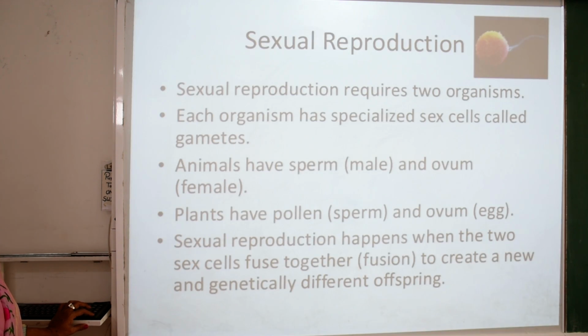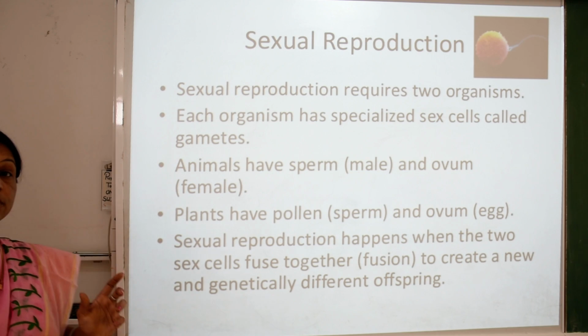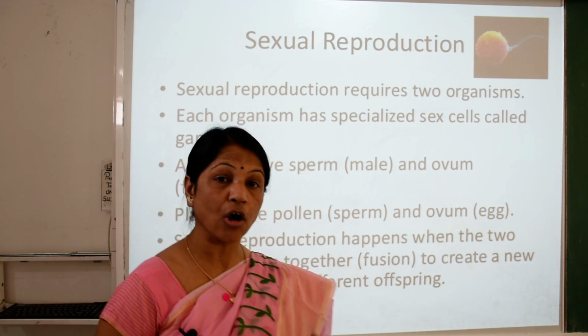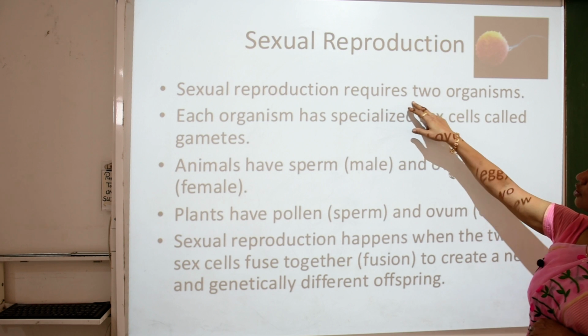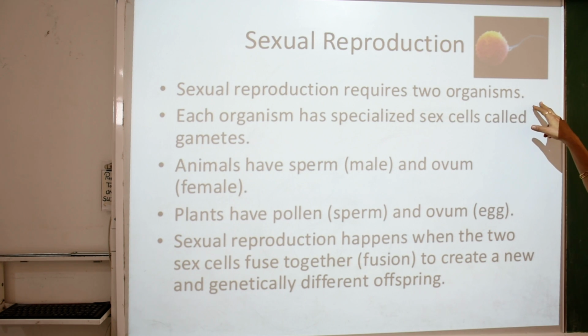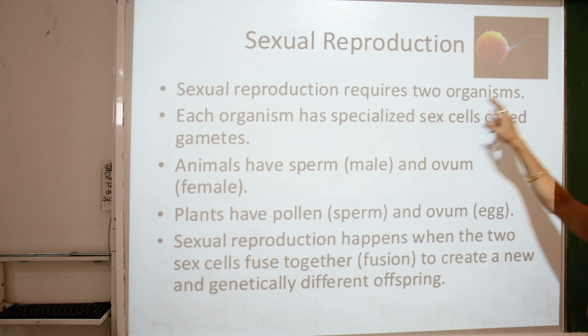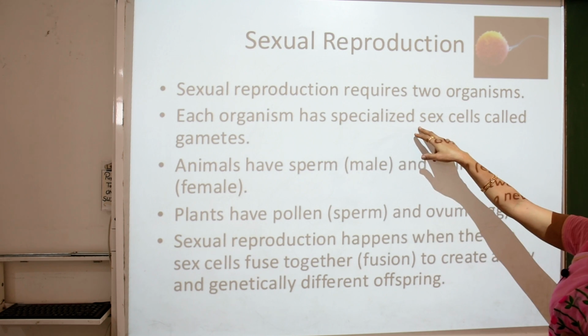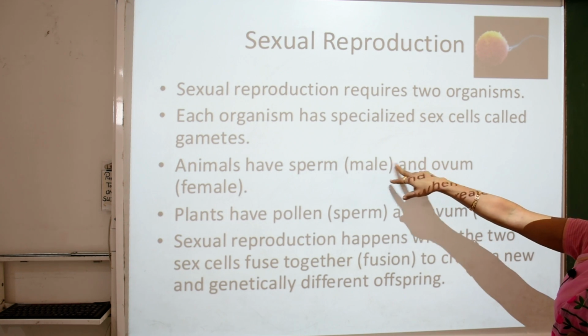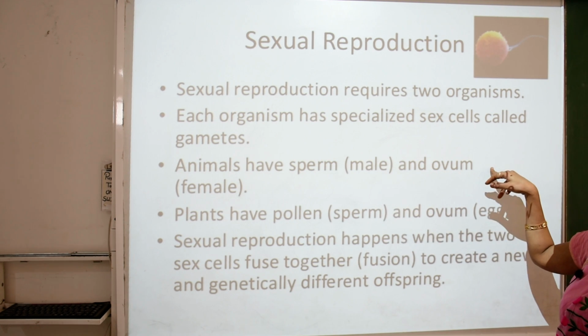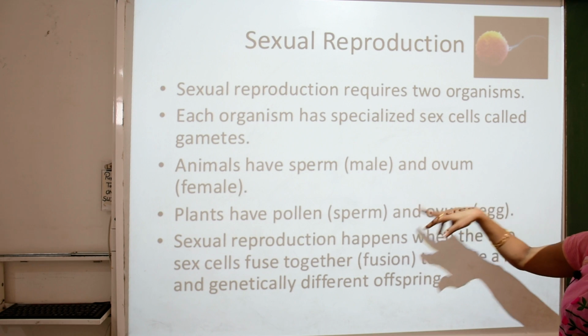Now, further we see sexual reproduction. What are its specific characteristics? First, sexual reproduction requires two organisms. How many? Two. Each organism has specialized sex cells called gametes. Animals have sperm, meaning male, and ovum, meaning female.